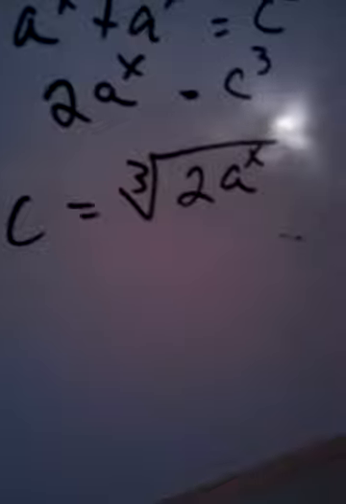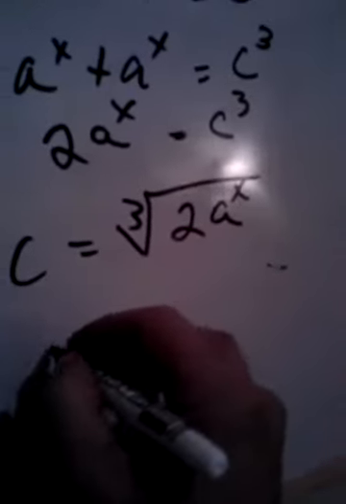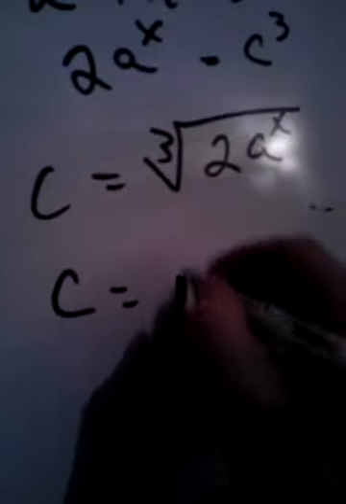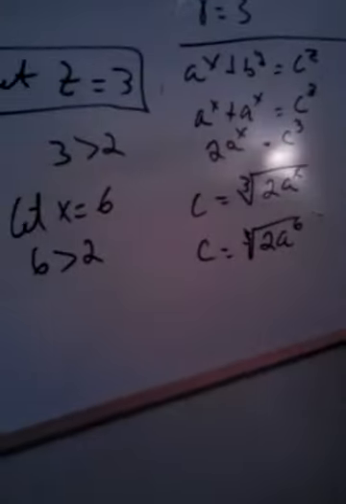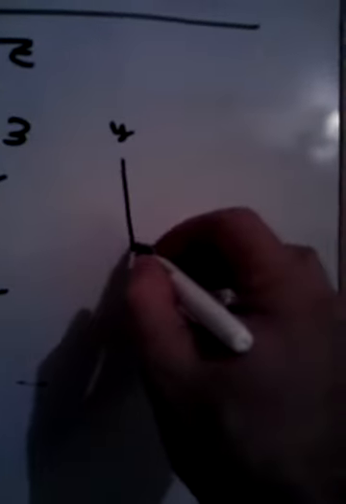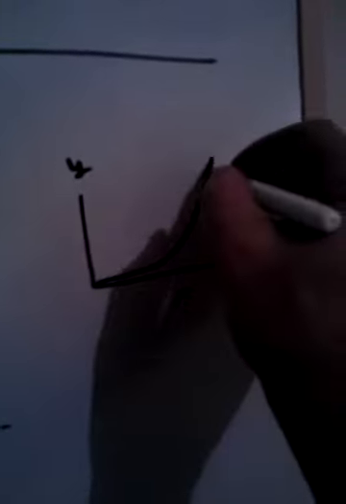So we can further rewrite this as C is equal to the cube root of 2A raised to the 6th power. This is a mathematical creature that looks something like this on the x-axis and y-axis. The numbers are going to get huge, but there is a solution here.